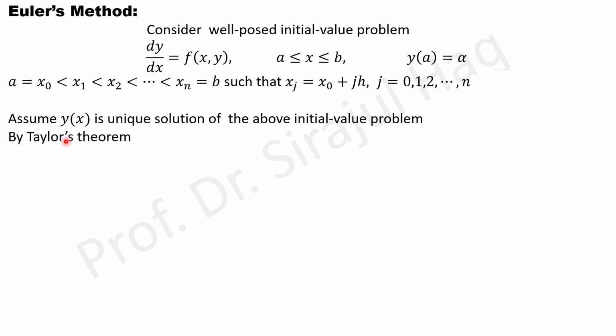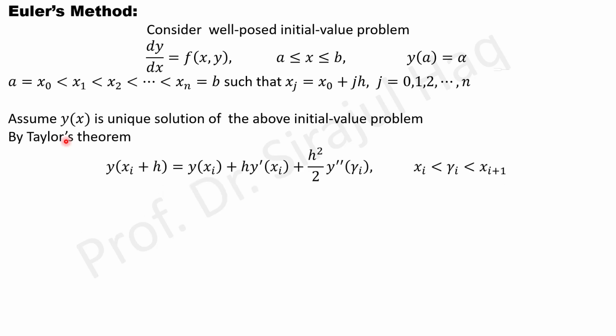And we assume that y of x is the solution of this initial value problem. So let's use the Taylor series. Do the expansion by Taylor series. So y at xi plus h is y at xi plus h multiplied by y prime at xi, plus h squared divided by 2 multiplied by the second order derivative at gamma i.